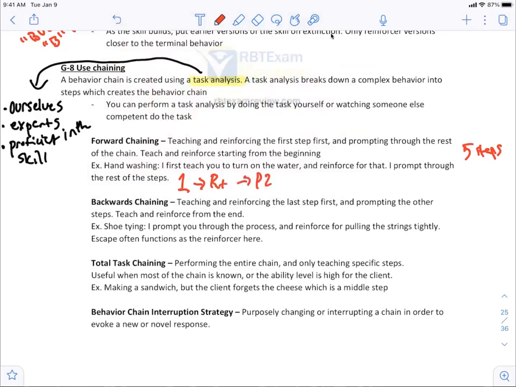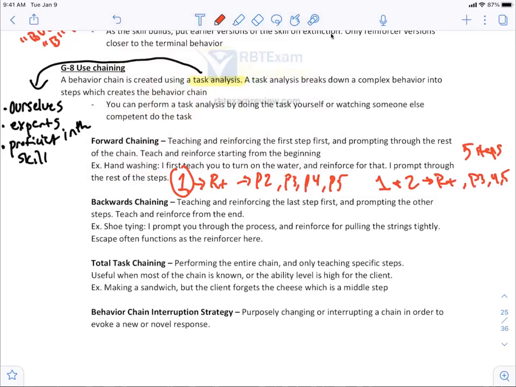Prompt 2, prompt 3, prompt 4, prompt 5. We're teaching this first step first, prompting through the rest. Then we're going to teach steps 1 and 2. So 1 and 2, reinforce, prompt 3, 4, 5. You get the idea. We're going front to back.